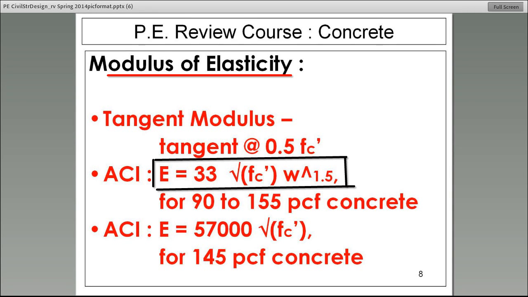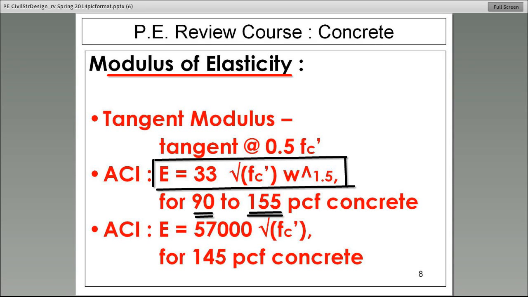Now, this equation applies for concretes that have unit weight somewhere between 90 PCF, that's pounds per cubic feet, so 90 to 155 pounds per cubic feet. Now, most concretes are normal standard concrete.